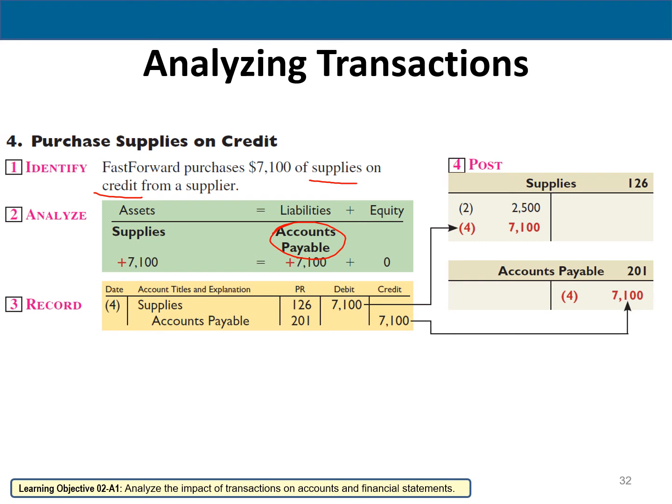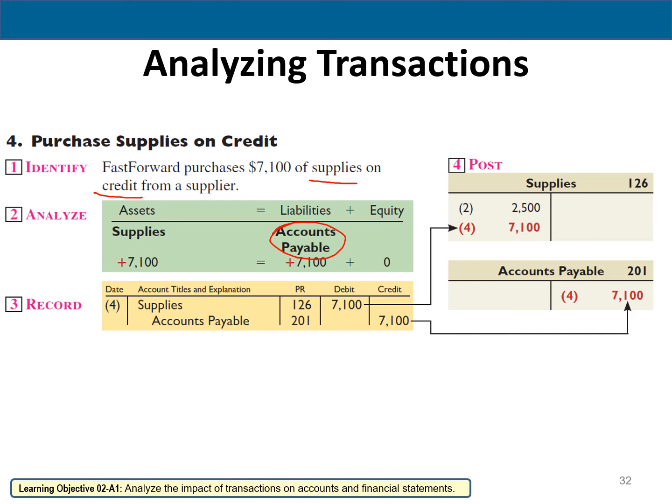And then we want that supplies account to increase because we bought supplies. So we're increasing our supplies inventory. And then accounts payable is also going to increase. That's money we're going to owe in the future. And so in order to increase our asset account supplies, do we debit or do we credit?